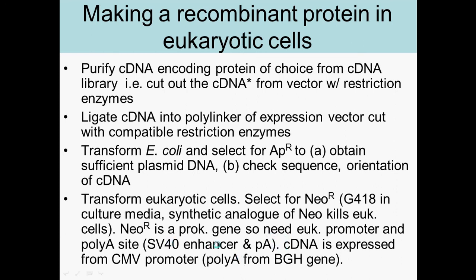And so the poly-A tail is SV40 for neomycin, and the gene you're interested in is going to be promoted by the CMV part. You'll see that in the next picture. The poly-A tail is being added by the BGH gene.